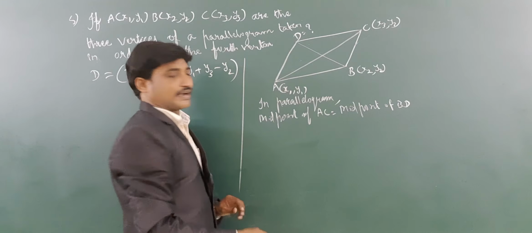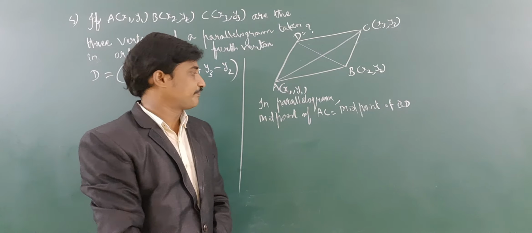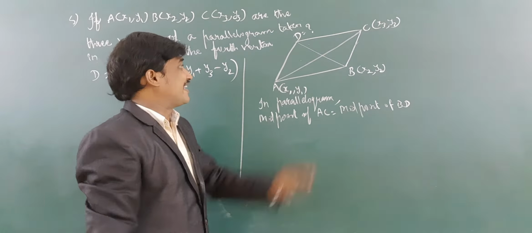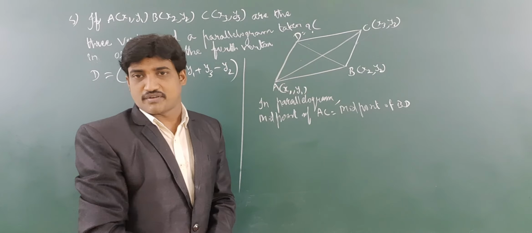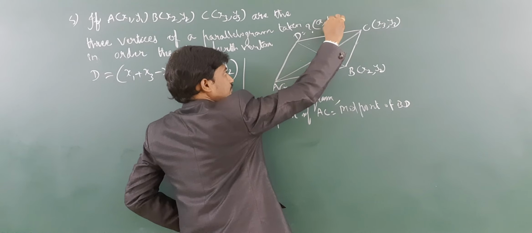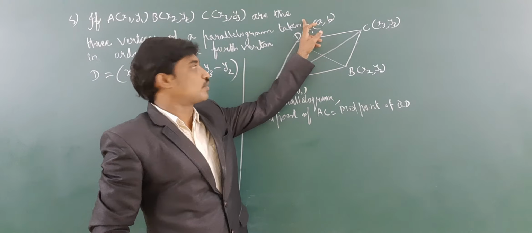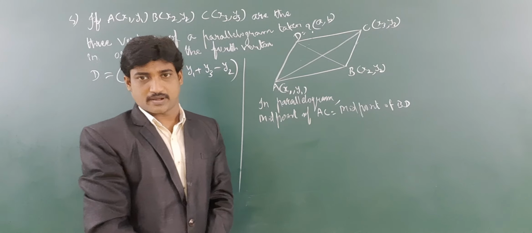That means diagonals bisect each other. Here D we don't know. Let us take the coordinates of D as a comma b.